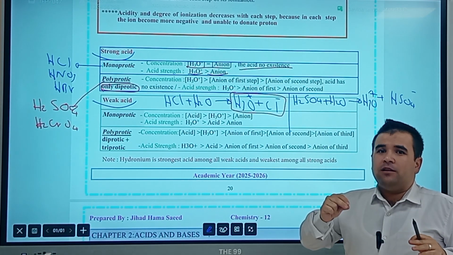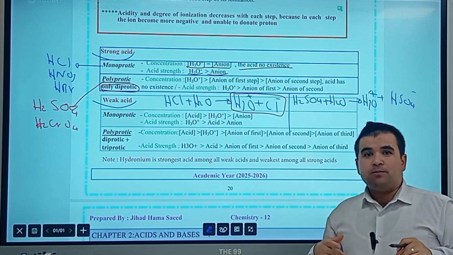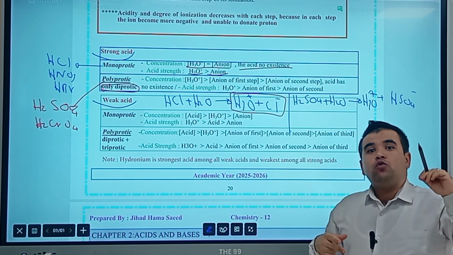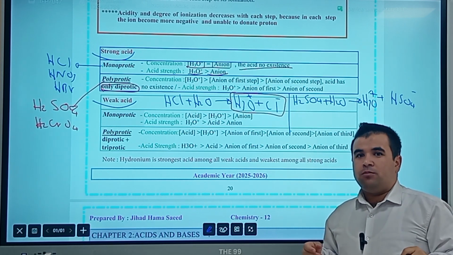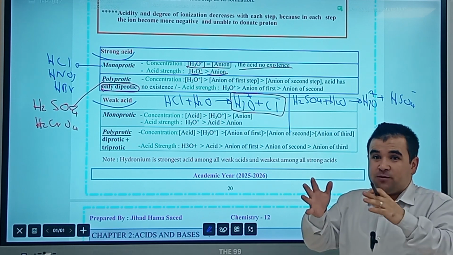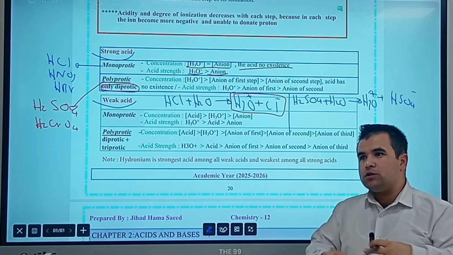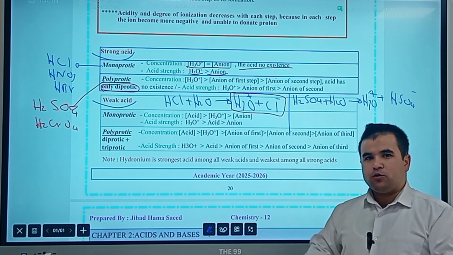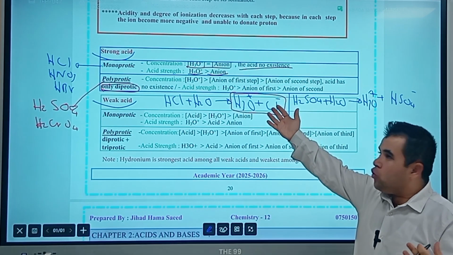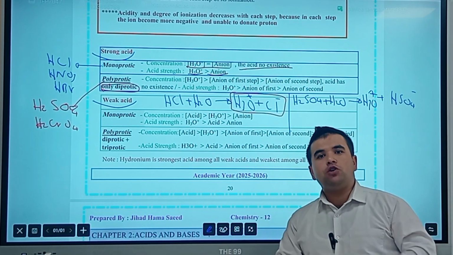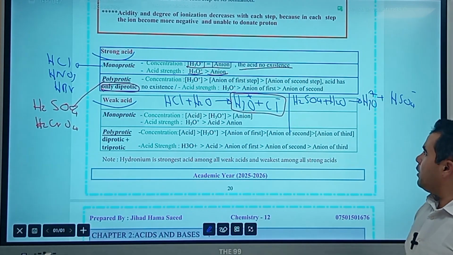The acids have different ionization steps based on the number of protons. The more protons they have, the more steps of ionization. 2 protons, there will be 2 steps of ionization. 3 protons, 3 steps of ionization.